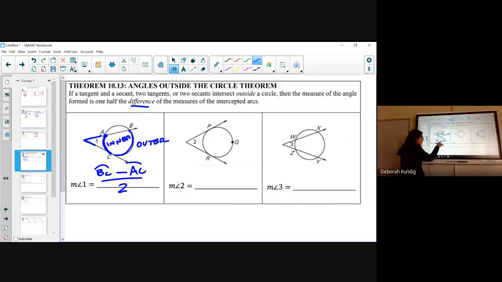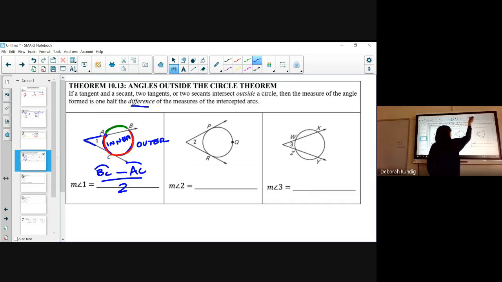Again, this one is different because we have the subtraction, and all three of these cases are going to be subtraction. Notice that in this circle, when you have a secant, the only parts of the arc used are this and then this entire one. This piece here is not being used, so we wouldn't use that.